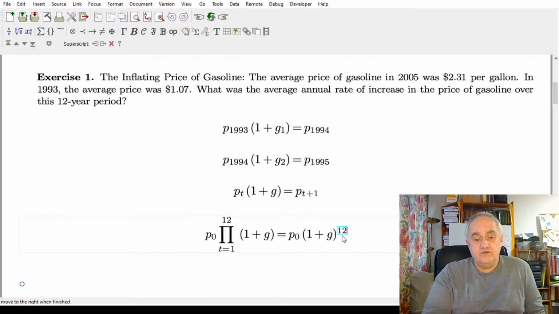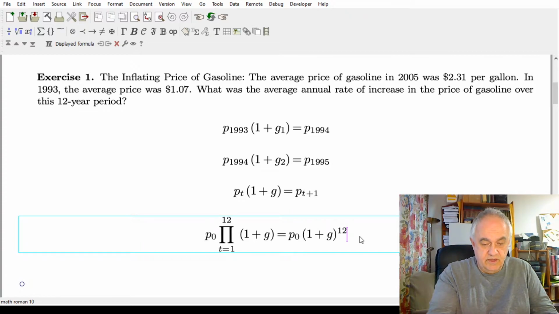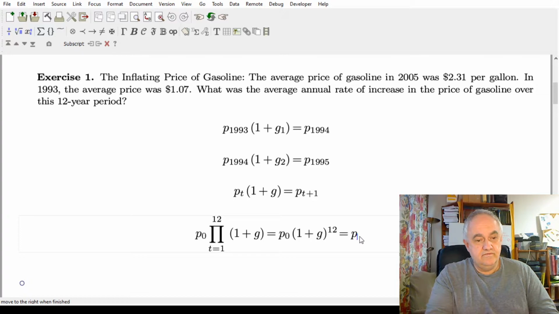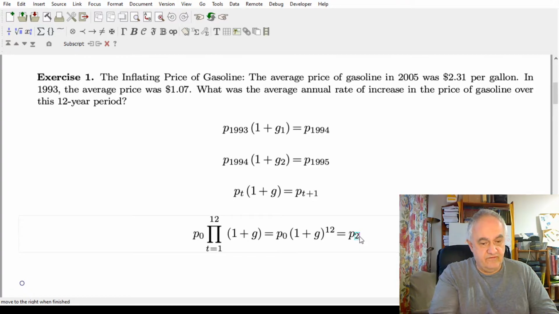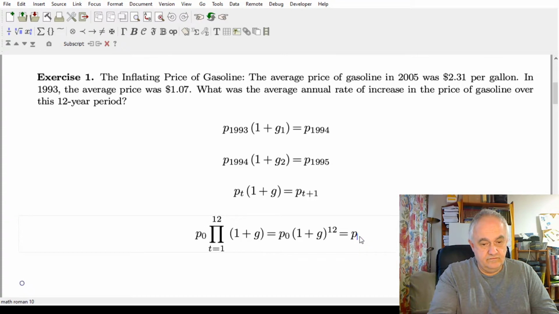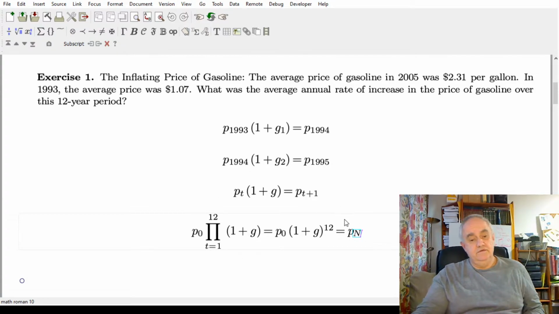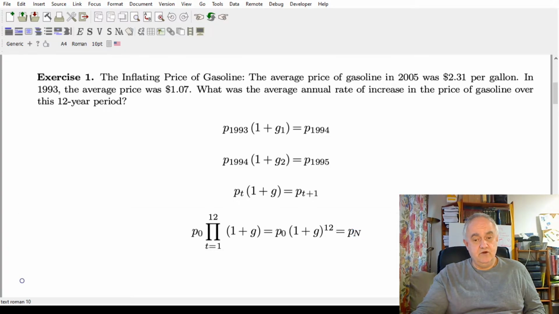Now we also have the data. We know that this will be equal to P2005, P n, let's call n the final period. So now we can just operate this expression.